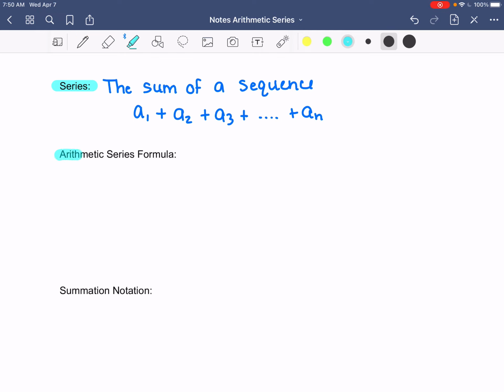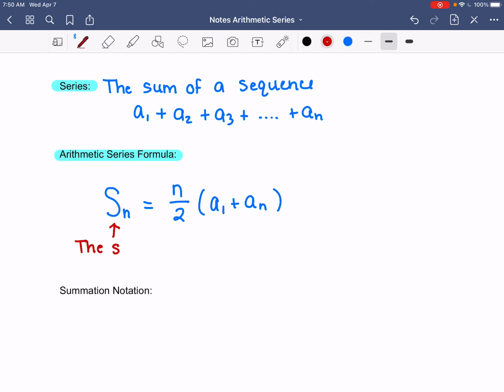So we have a little formula that we're going to use to help us find the sum of an arithmetic series. That formula is S sub n, so sum of n number of terms, equals n divided by 2 times a1 plus an. So what these little pieces mean: S sub n just means the sum of n terms.